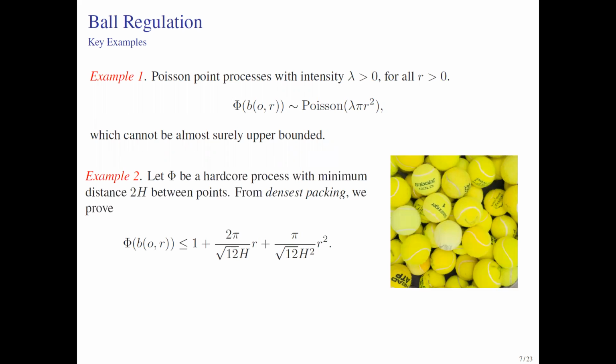And the second example is a hardcore point process, where there is a minimum distance specified between any pair of points.